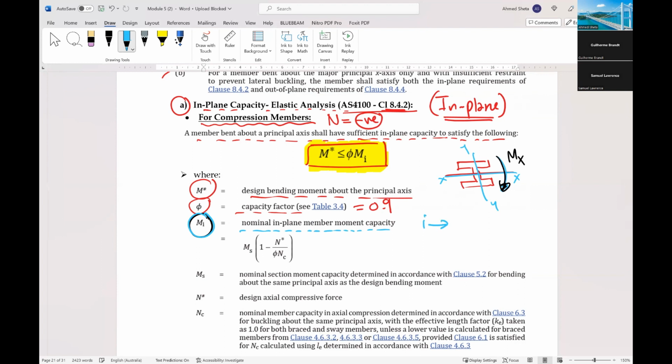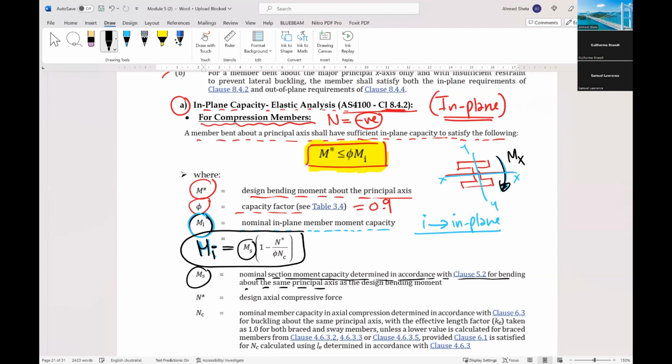I is the indication of in-plane. So in-plane, Mi equals Ms times 1 minus N star over phi Nc, all over. Ms is the nominal section capacity, as usual, for bending about the principal axis.